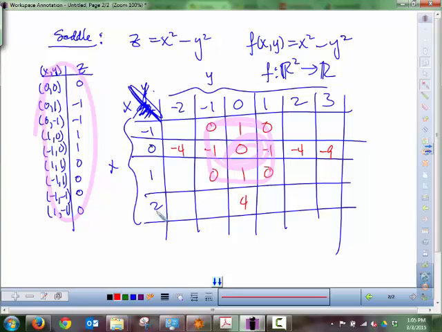When x is equal to 2, y is equal to 1, this is 3. Is this going to be 3 also here? When x is equal to 2 and y is equal to -2, 0.